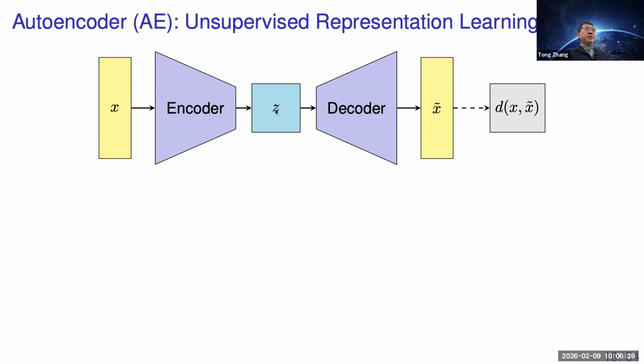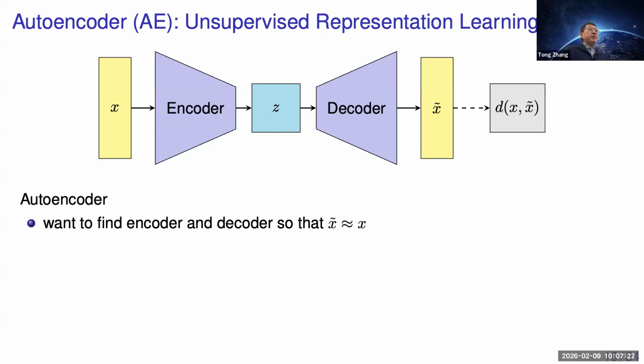But because you have a compression, X and X tilde are probably not the same, in the typical case. Then you have a so-called reconstruction error to measure it. Usually it's a mean squared error, but you can use other things. The reconstruction error says how good my reconstruction is of my original source.